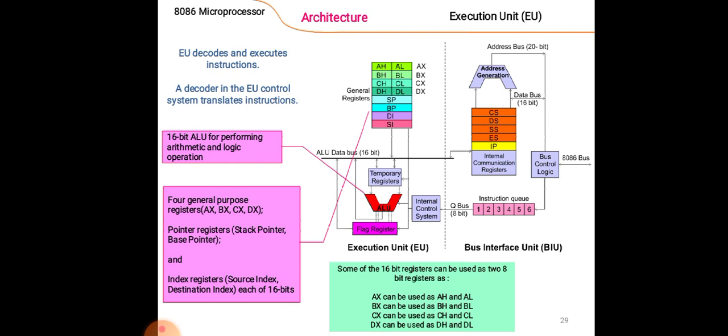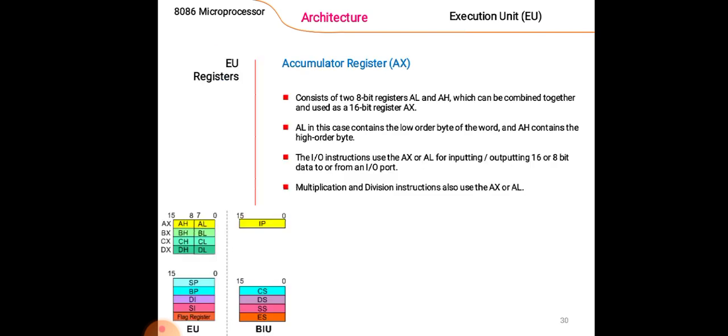So you can use AL or AH as an 8-bit register individually, or you can use the whole register, that is AX, as a 16-bit register. Likewise, BX can be used as BH and BL, CX can be used as CH and CL, DX can be used as DH and DL.